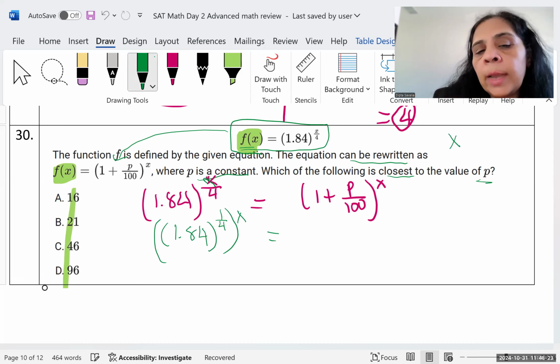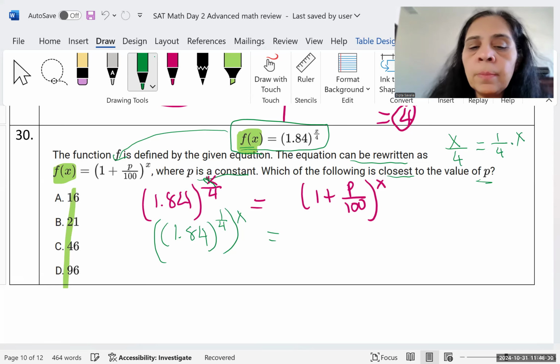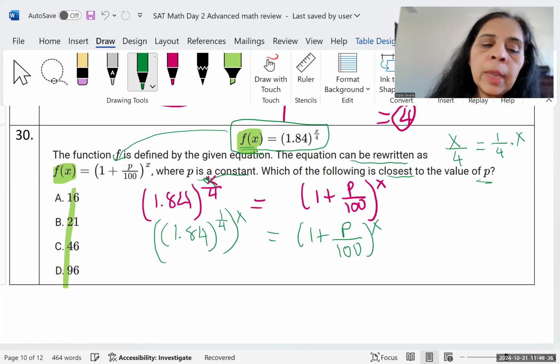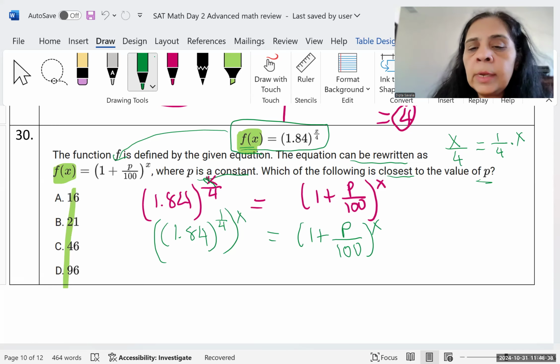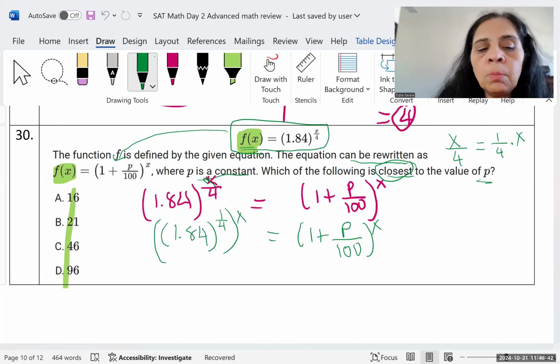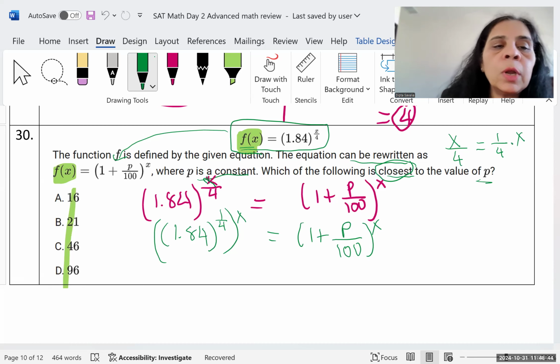What it means is x to fourth power is exactly this. Right? So we can do that. 1 plus p over 100 to power x. Now we can enter in calculator and it says closest, not exactly.